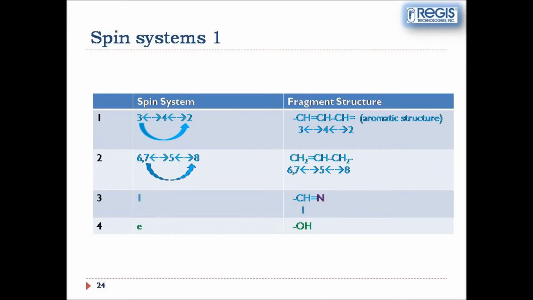So here the spin systems look like this. Again, because we know the chemical route from where the chemistry appeared, we can also use our information that the structure is aromatic to create this system. The spin systems 3, 4, and 2 give us this type of fragment structure, which is a part of an aromatic ring. 6, 7, 5, and 8 have very strong correlations, and they're connected as an allyl group.